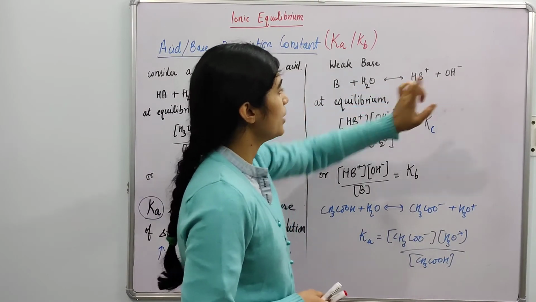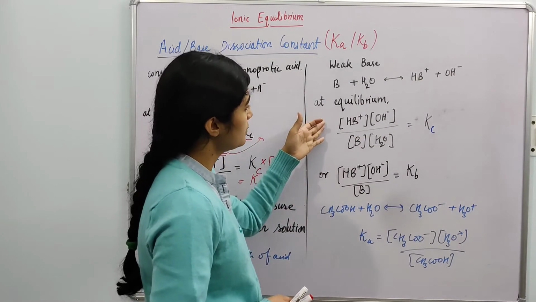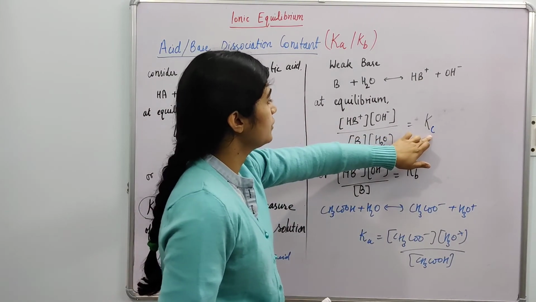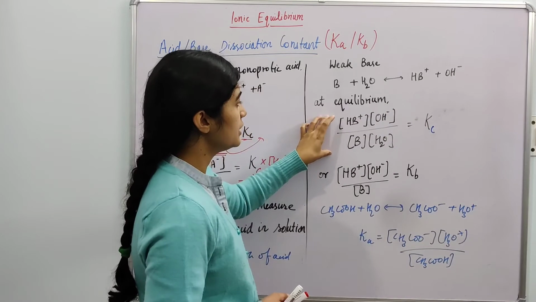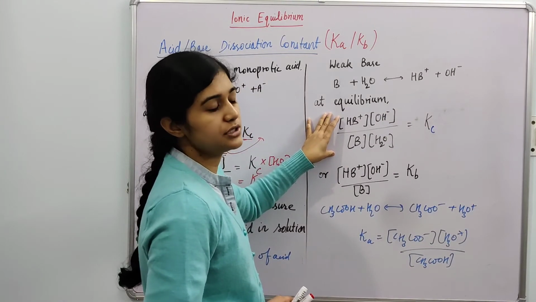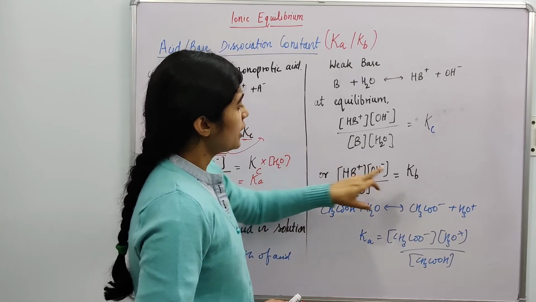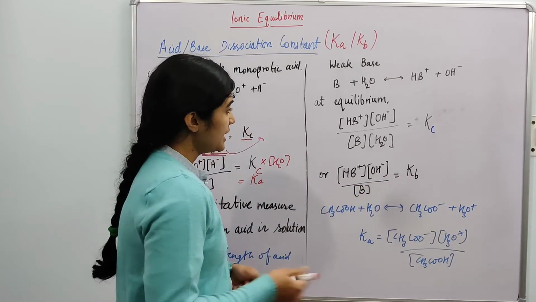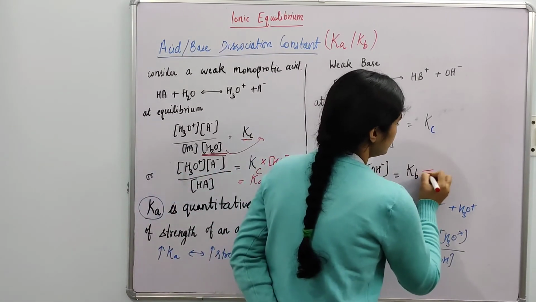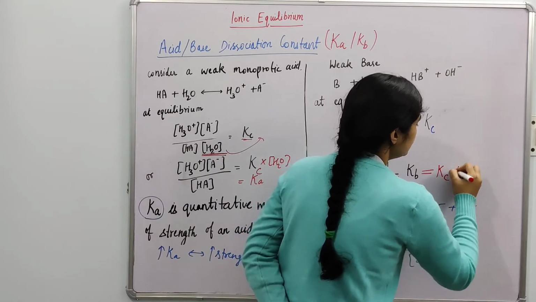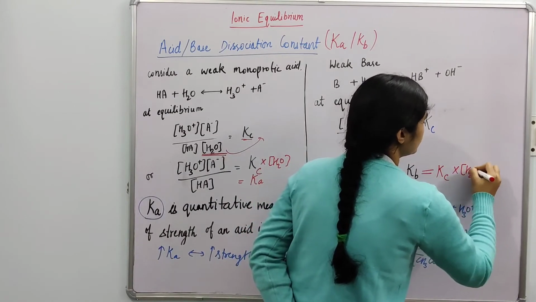Alright. Now if you consider a weak base B and form an aqueous solution, two ions are formed, BH+ and OH-. At equilibrium, similarly you have an equilibrium constant equal to the ratio of the product of concentrations of products and reactants. Again you get a base dissociation constant, and it is equal to Kc times the concentration of water.